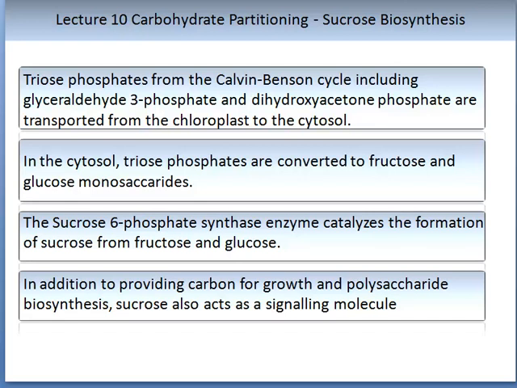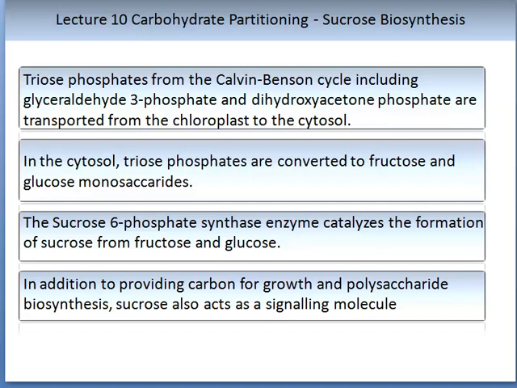In the cytosol, triose phosphates are converted to fructose and glucose monosaccharides. The sucrose 6-phosphate synthase enzymes will catalyze the formation of sucrose from the molecules fructose and glucose.